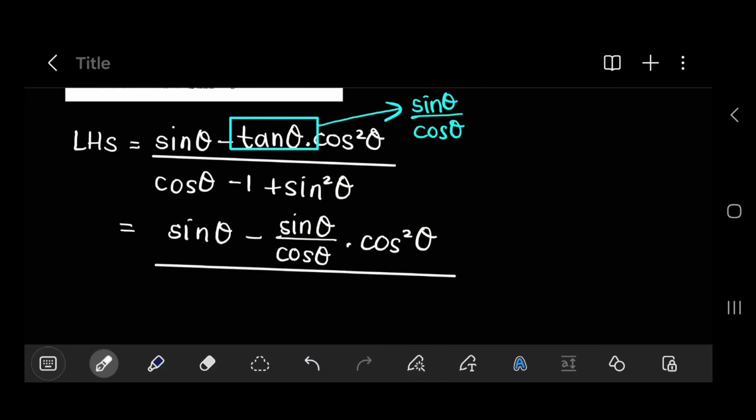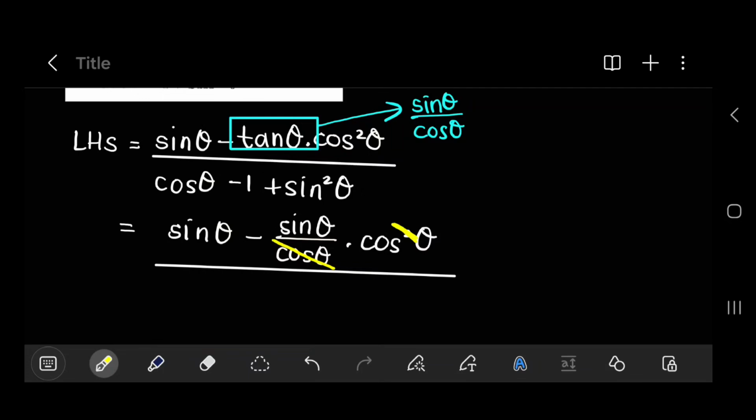Now before I go on to the denominator, what you should notice is that the cos theta from the bottom is going to cancel out with one of the cos theta next to it. Because remember, here you had cos squared theta. So there were actually two cos thetas being multiplied together.